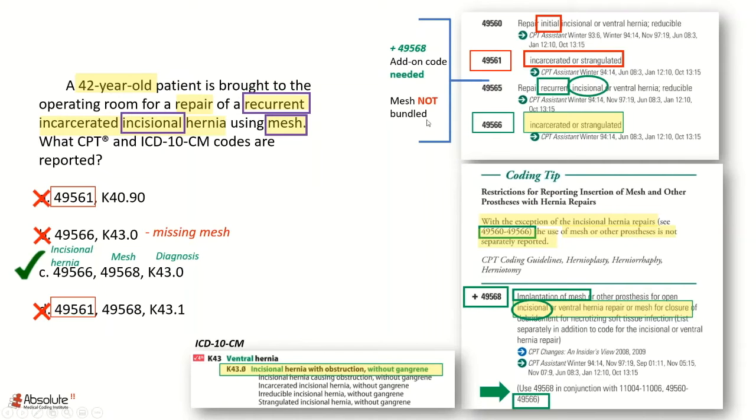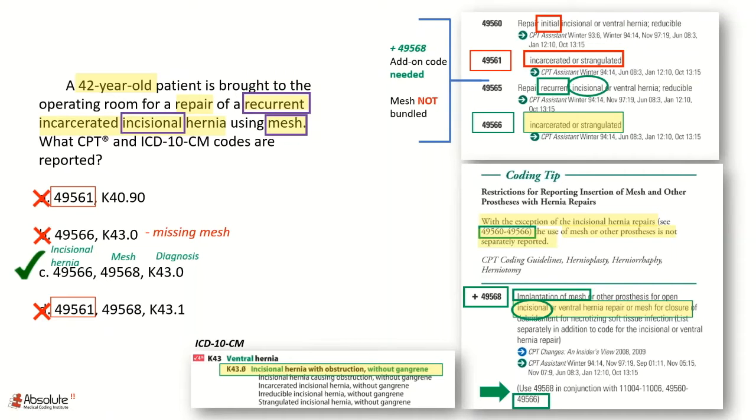Mesh, not bundled. That's this right there. Then you're set. That way, once you got this code right here, you already knew. I even put the code there. If I see any of these 4, I need to see this too if they start talking about a mesh. Does that make sense?